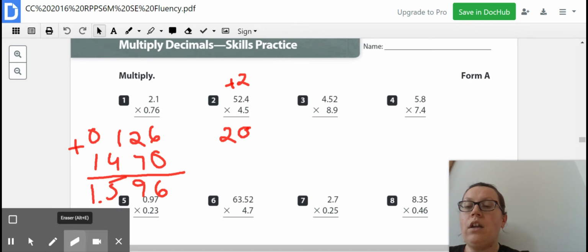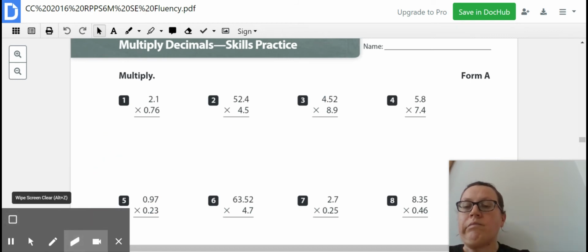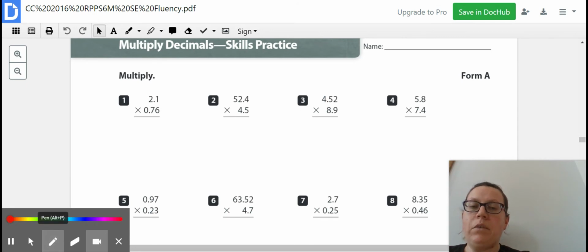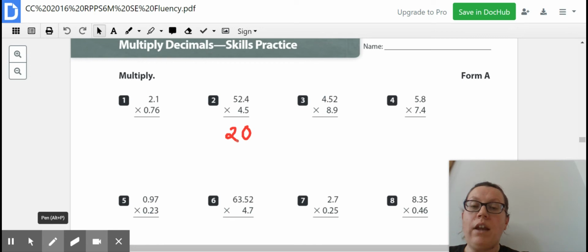So I am going to put my 2 down here and then carry my 1. 5 times 5 is 25, plus 1 is 26.